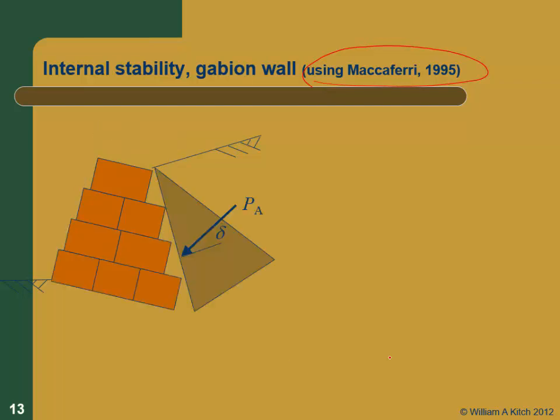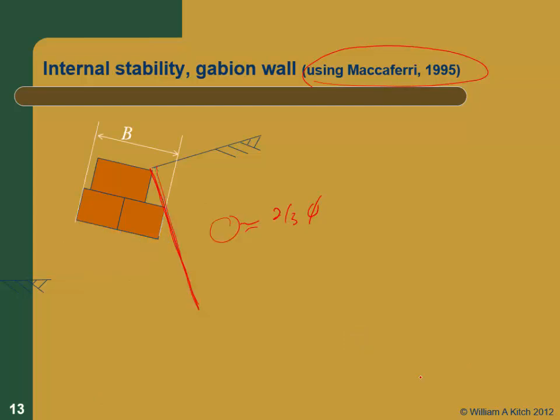So this is our earth pressure diagram. Again, we usually use Coulomb, am I getting that right? I think so. With a friction angle here, so delta probably should be about 2/3 of phi because you're definitely going to have a soil-to-soil interface there.